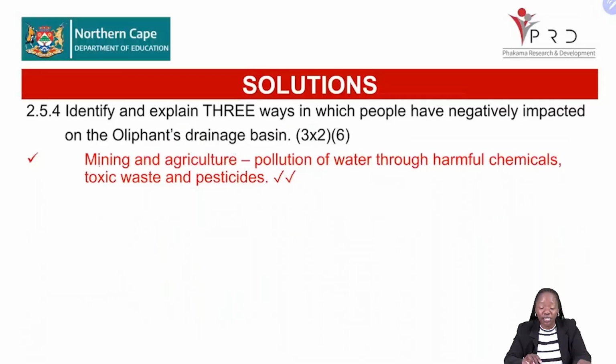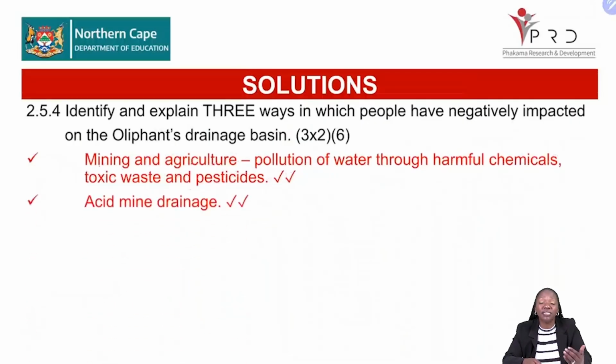We've already identified mining and agriculture, so you are identifying, and explaining how they negatively impacted on the Olifants drainage basin. Your pollution, the pollution of water through harmful chemicals as well as toxic waste and pesticides. Remember, we're talking about the mining as well as your agriculture.